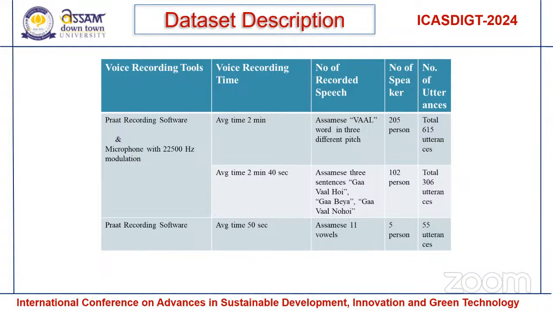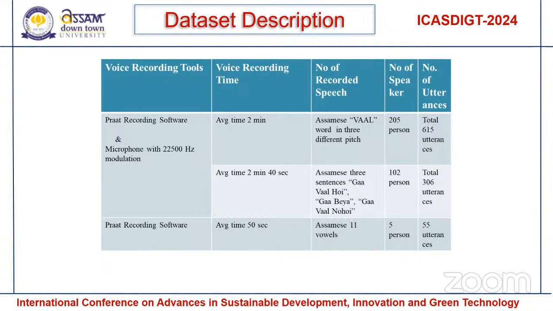For the second dataset, we have collected 3 sentences: one means feeling good, one means not feeling good, and one means feeling bad. That means how the person is feeling, with utterances in the Assamese language, from 102 people, and a total of 306 utterances.